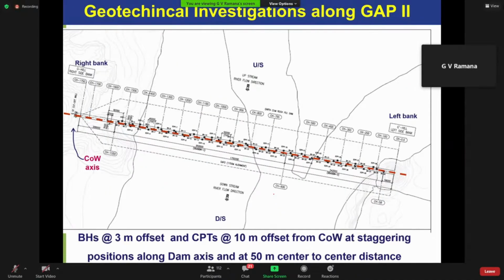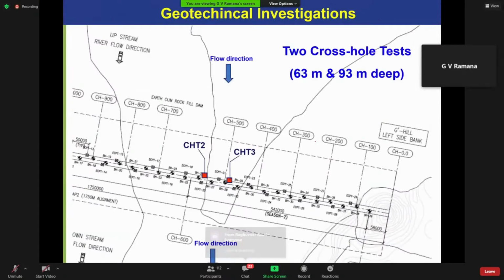The borehole tests were conducted at 3 meter offset, and the CPTs at 10 meters offset from the cutoff wall constructed by Bauer in place. We conducted 2 cross-hole shear wave velocity tests, one 63 meters deep and the other 93 meters deep.